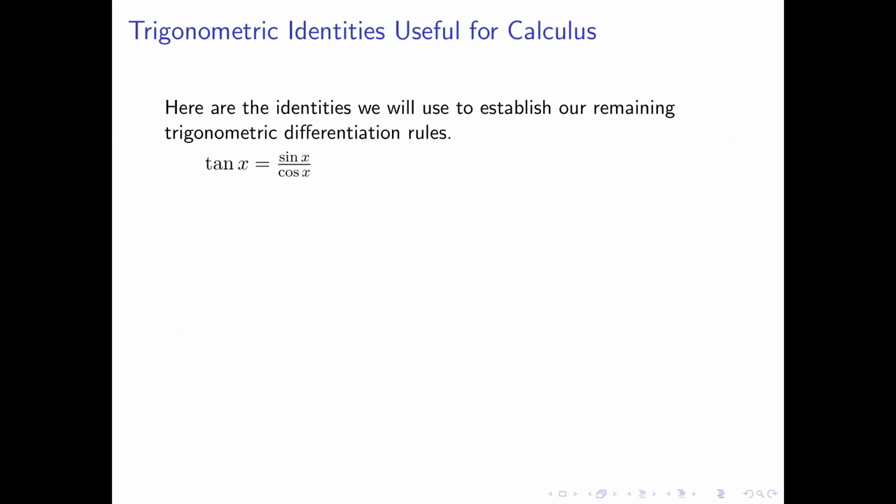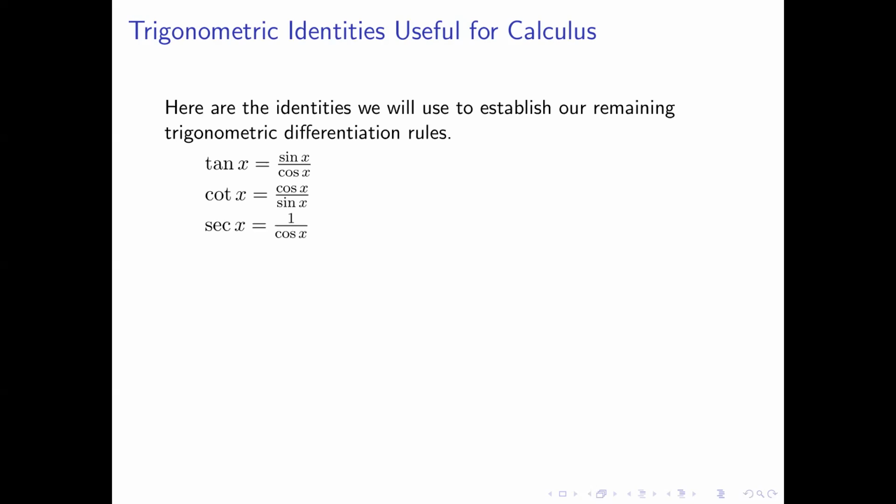Here's a list of them. One of them says that the tangent of x equals the sine of x over the cosine of x. And again, that's true no matter what value x has. The cotangent of x is equal to the cosine of x over the sine of x. These two are sometimes called quotient identities.